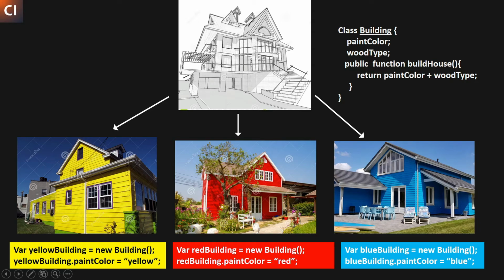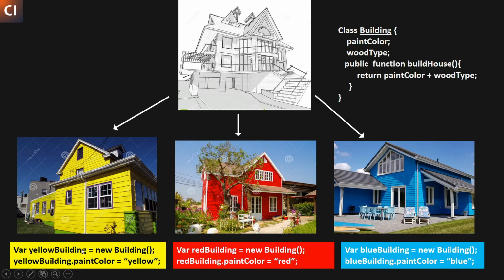Take your class like an architectural design, and from that design, multiple varieties of the same building can be developed. For example, using this same blueprint, we're able to build a yellow building. We didn't have to write a whole new set of code for just a yellow building. All we did was leverage the existing class, and simply customize the variable.